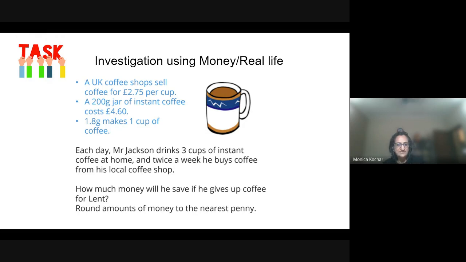So this is an investigation which you can give to the children, that a coffee shop sells coffee for this much money. A jar of coffee costs this much. This is how much is needed to make 1 cup. So Mr. Jackson is drinking 3 cups of instant coffee at home, and twice a week he's buying. So suppose he stops having coffee outside. How much money is he saving?